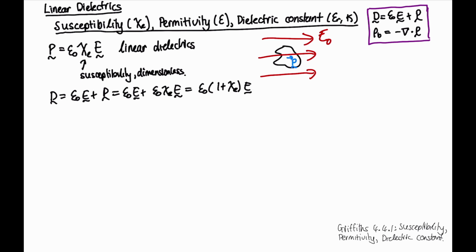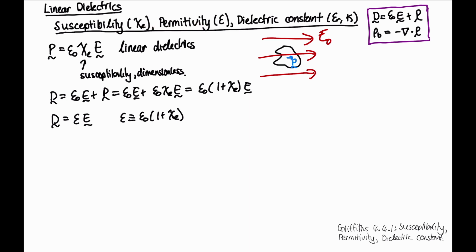And so we can write this as the electric displacement is equal to some other constant, which we'll call epsilon, which we'll refer to as the permittivity, times the electric field, where epsilon, the permittivity, is equivalent to epsilon naught times 1 plus the susceptibility. So if you know the susceptibility, then you know the permittivity. These are very, very closely related to each other.